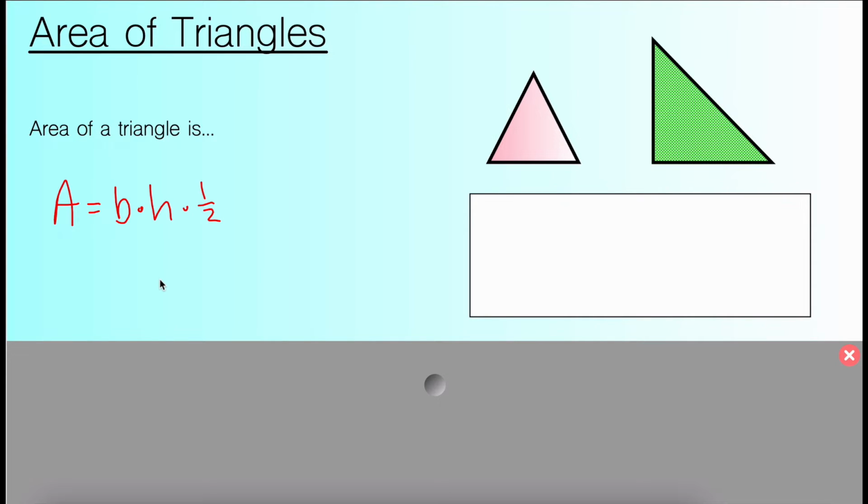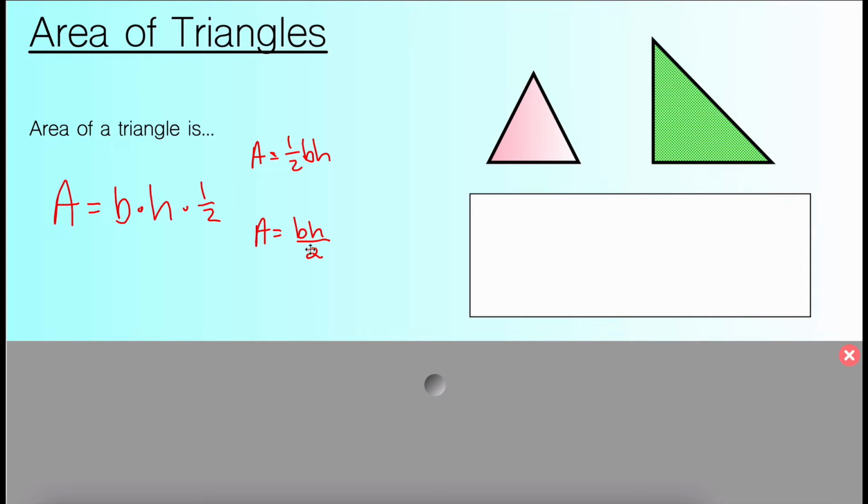Now, you'll see this formula written a variety of ways. Just so that you're familiar with what it looks like on paper, some people will write the formula as area equals 1/2 BH. That just means 1/2 times the base times the height. Other people will write this formula, area equals base times height divided by 2.